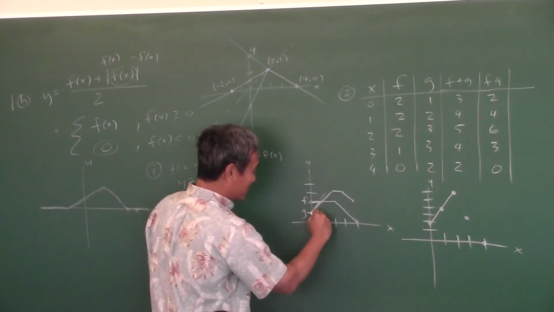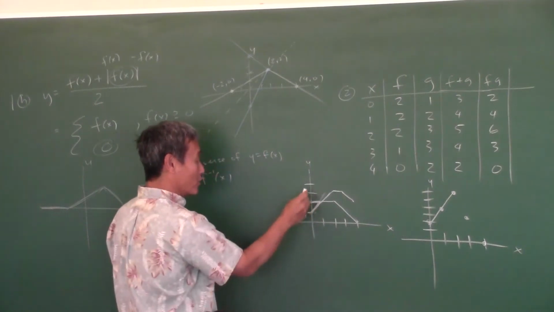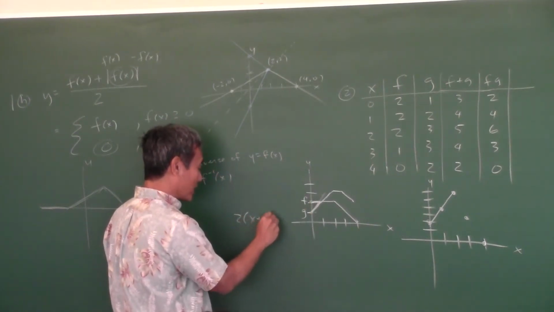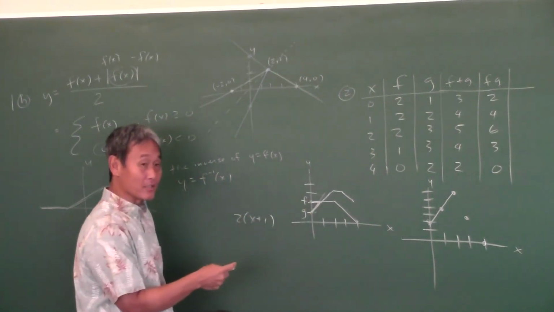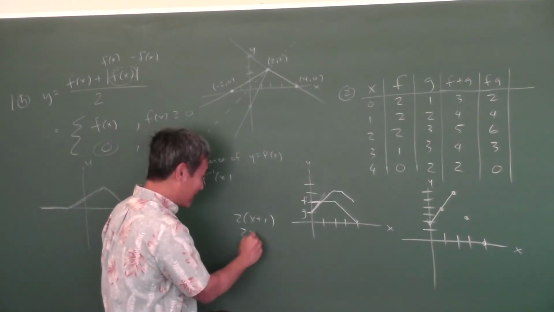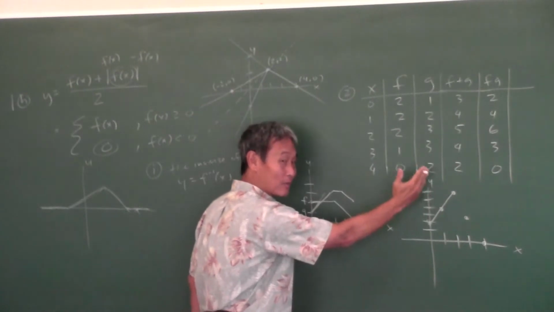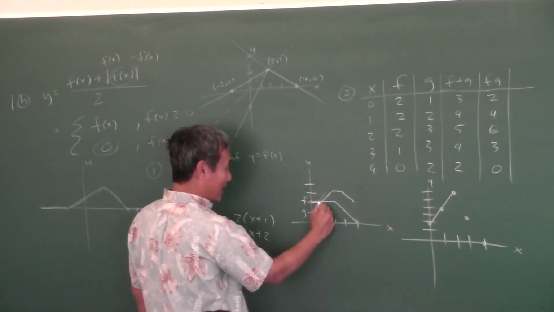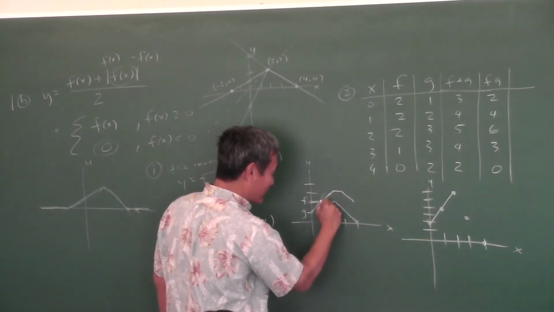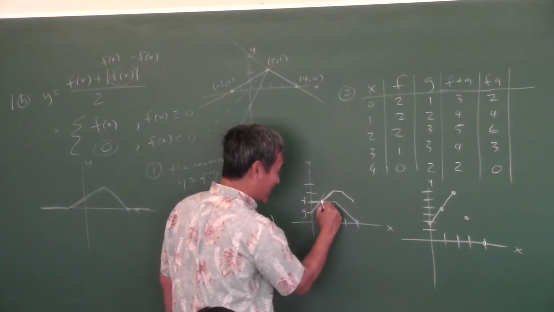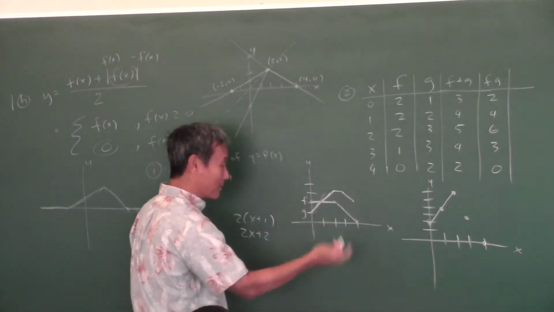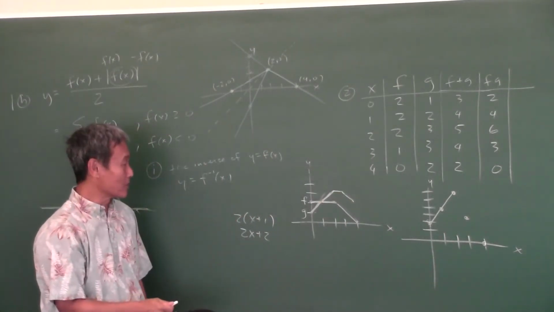What's the equation of this? x plus 1. When you multiply 2 times x plus 1, in other words, a constant times a linear function, don't you just get another linear function? It's going to be a line. That's why you connect it with a line. So anytime f is 2 here, and you're still multiplying it by x plus 1, constant times linear is going to be linear, so you connect it with a straight line.